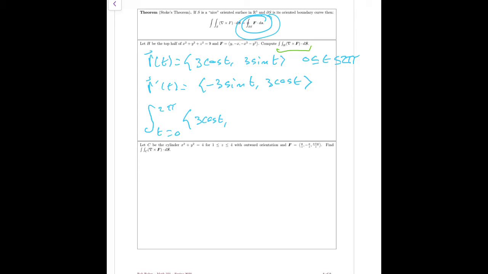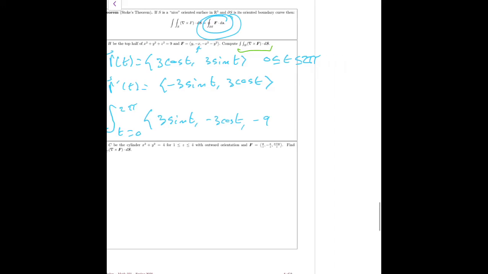I got that wrong at first. Y is 3 sine t. Then minus x, that's going to be minus 3 cosine t. And then minus x squared minus y squared. Well, that's just going to be equal to minus 9, because x squared is 9 cosine squared, y squared is 9 sine squared, so that's equal to minus 9.